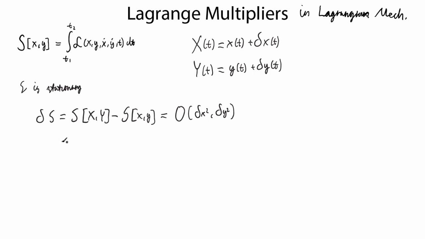Okay, so delta S then, we can show with a little bit of work, and we have done this already, so I'm not going to go through it, but we can show that this becomes this.